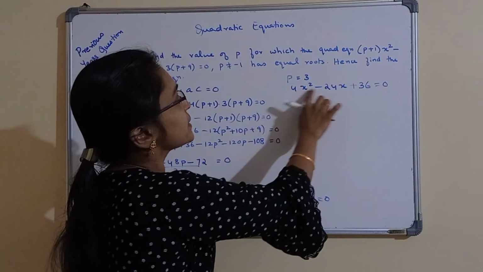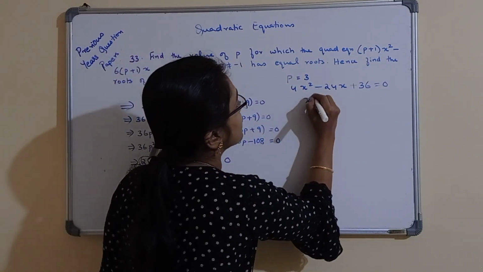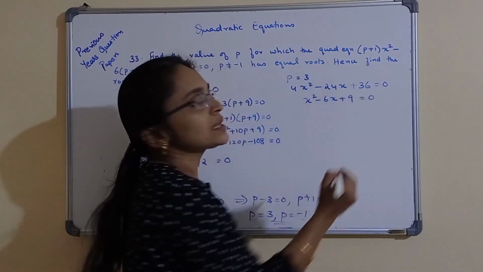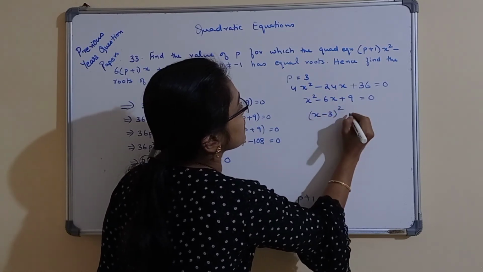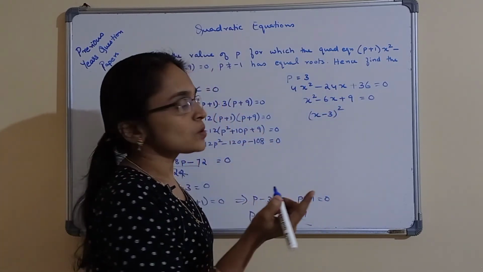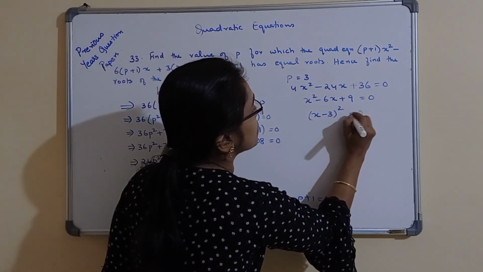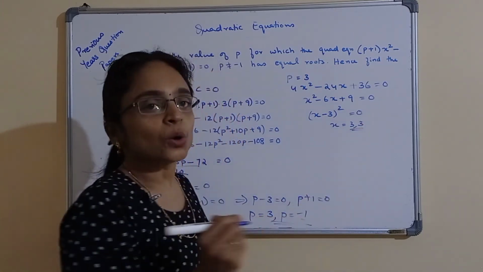So we can divide this by 4. All these terms have 4. So x square minus 6x plus 9 is equal to 0. So we can write this as x minus 3 square. X minus 3 the whole square is x square minus 6x plus 9 is equal to 0. Which means x equal to 3 and 3. Okay.